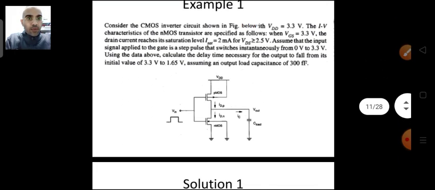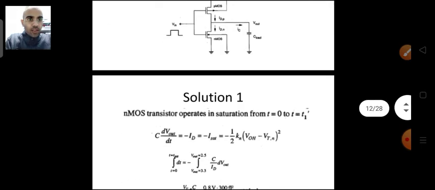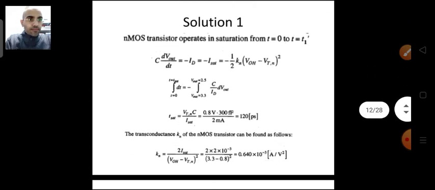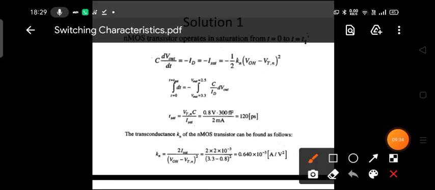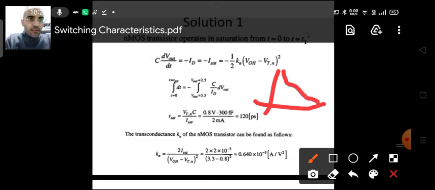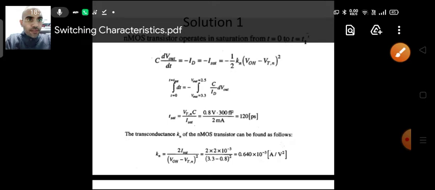You see what is happening. As our output is falling, this is our input and this is our output, and this is our VDS.